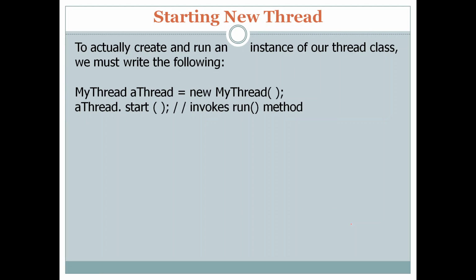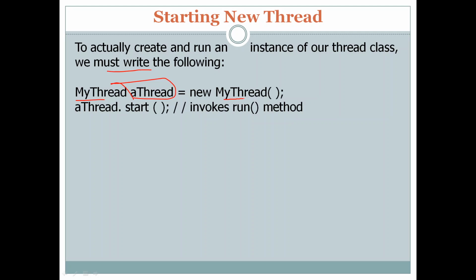Now, starting a new thread, how can we start a thread? We have defined a thread now, as you can see in the last example. To actually create and run an instance of a thread class, we must write the following code. Once our class inherits Thread, we need to create an object of our class. So you can see MyThread aThread is equal to new MyThread.